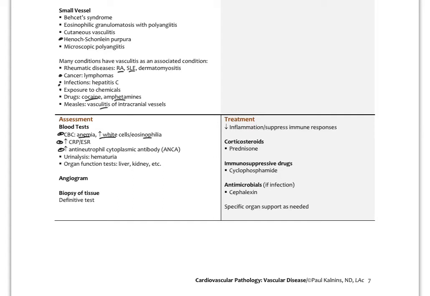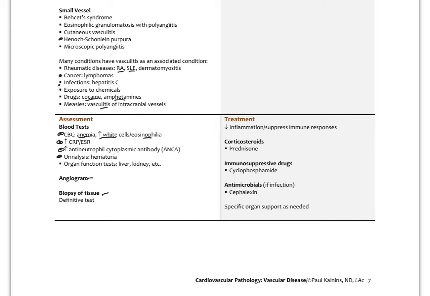So anti-neutrophil cytoplasmic antibodies are correlated with a bunch of these. Urinalysis might show hematuria, and then different organ function tests might show issues there. Angiograms could be helpful to diagnose, and then the definitive test would be biopsying a tissue to investigate the blood vessels there and see what kind of inflammatory changes are occurring.